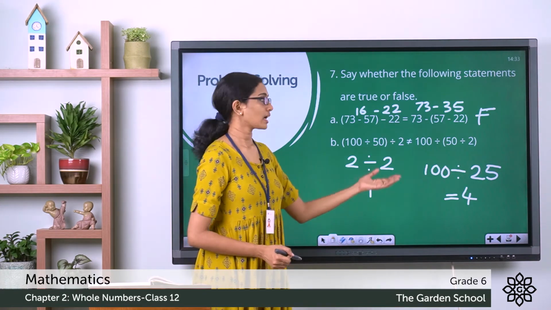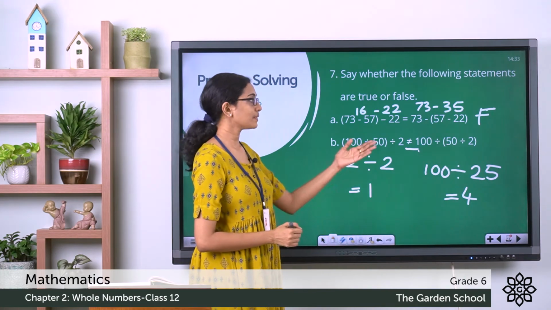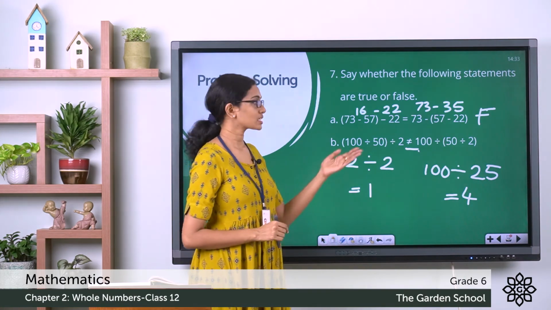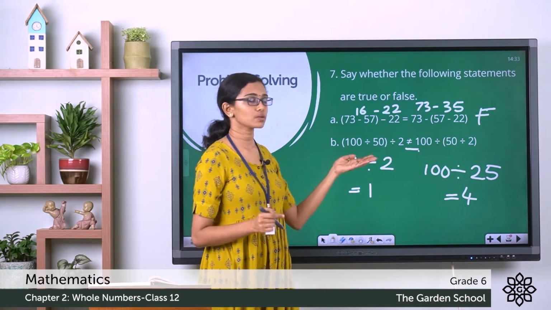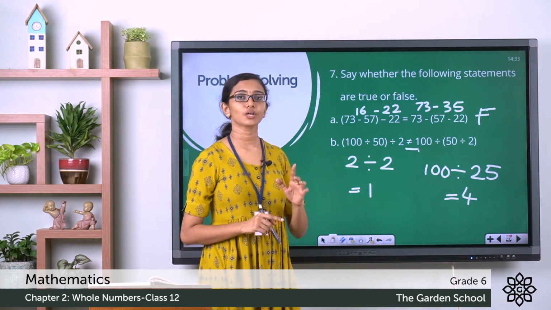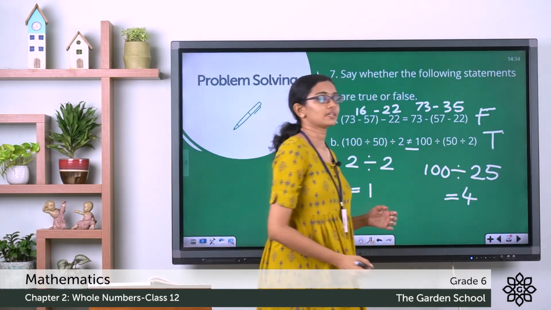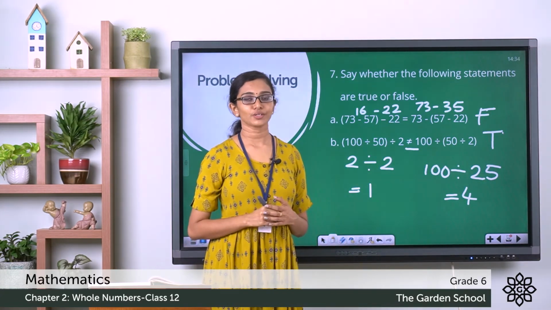No, they are not. And here the symbol given here is not equal to. So the statement given here is true. The result of this part is not equal to the result of this part. So you can write true for the statement. Now is this clear to you?